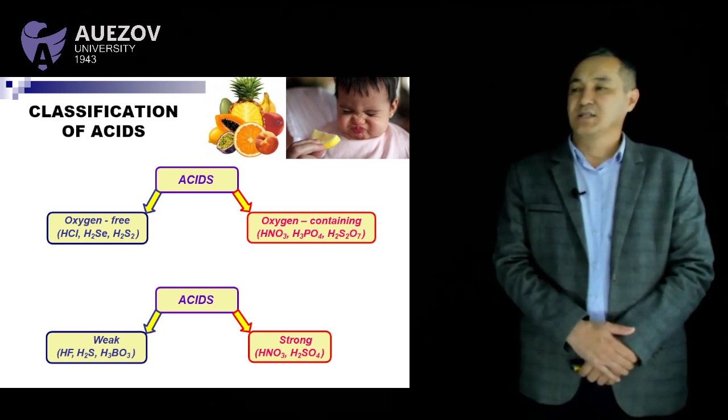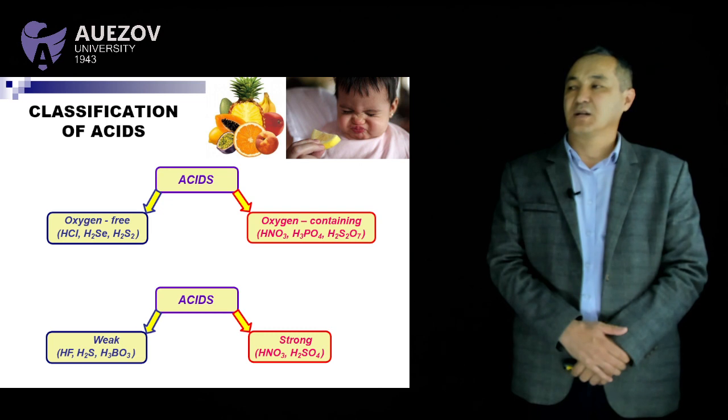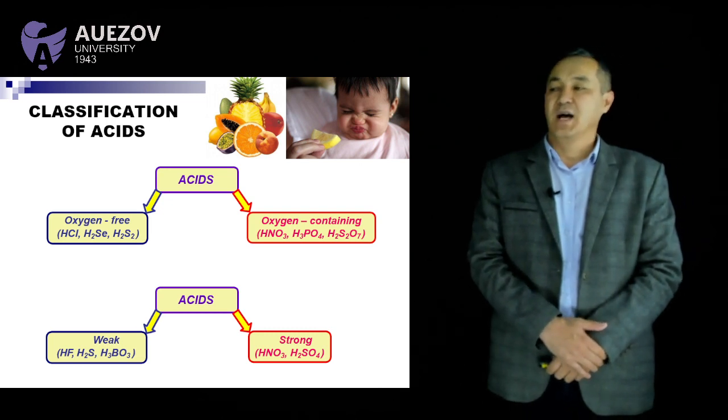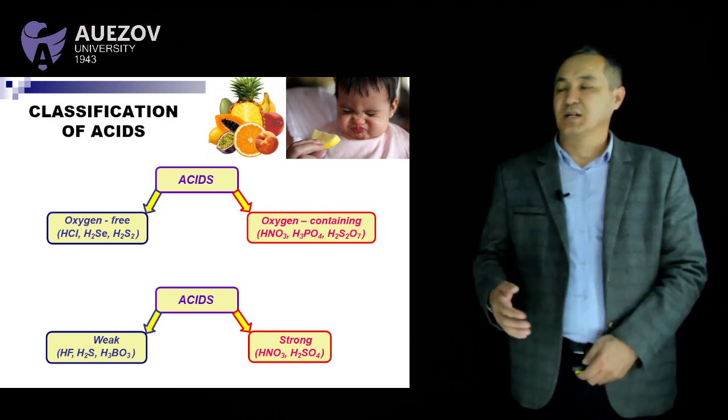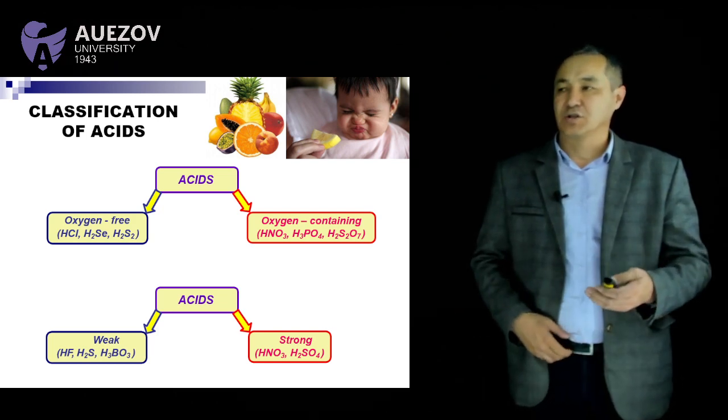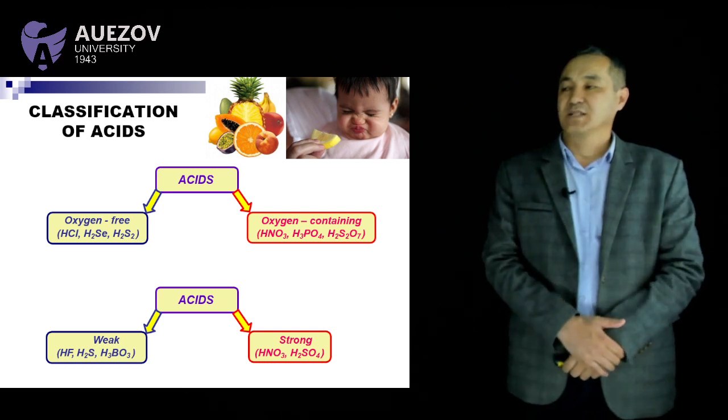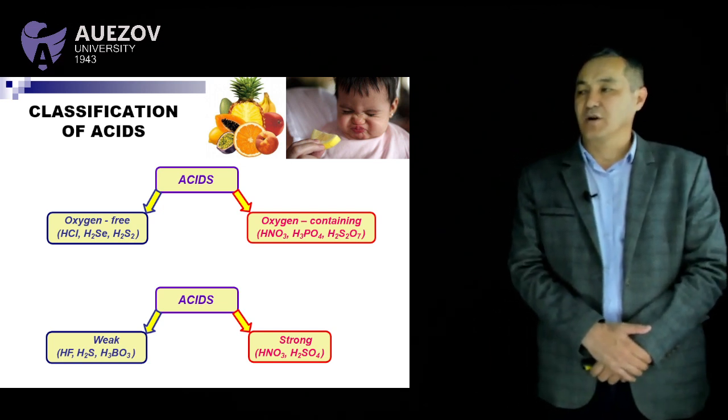The second classification of acids is according to their strength. For example, weak acids and strong acids.